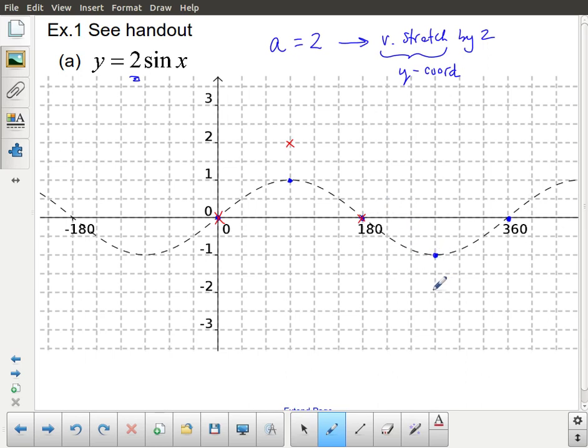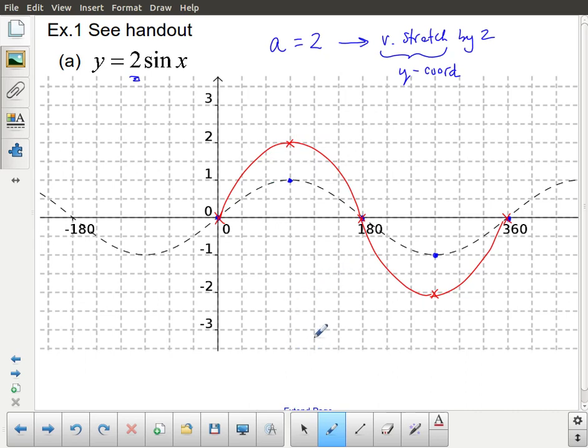Negative 1 times 2 is negative 2, and 0 times 2 is 0. And so now I end up with my transformed graph. And it has been vertically stretched by 2.